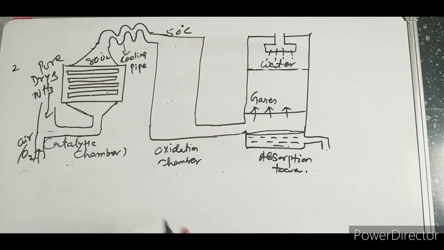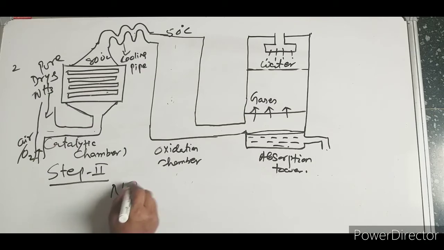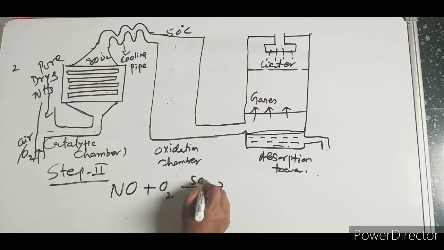Okay, so let us go for the oxidation chamber, the second chamber. So step 2 is the oxidation chamber. First, whatever we had got, NO, with oxygen, here the temperature is 50 degrees Celsius.